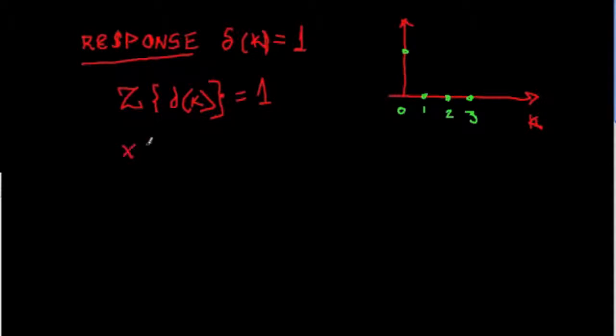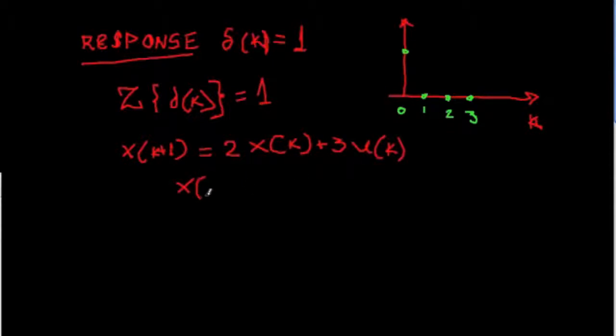And we consider the following discrete system representation: x k plus 1 equals 2 xk plus 3 uk, with initial condition x 0 equals 0.